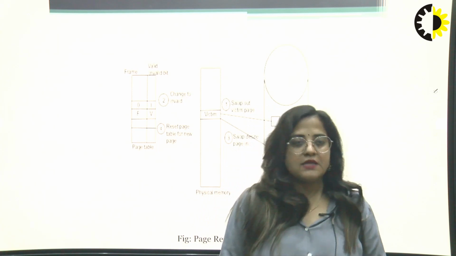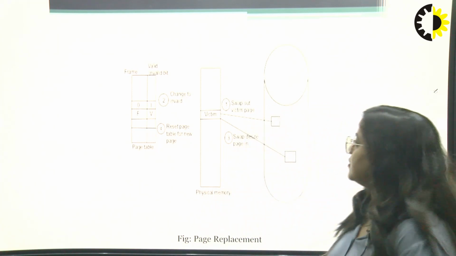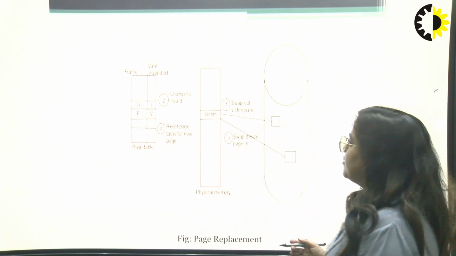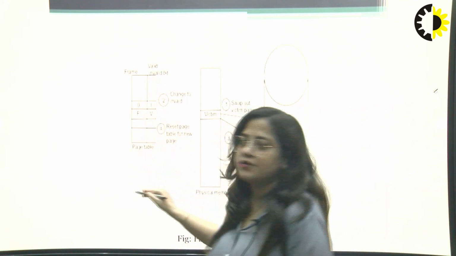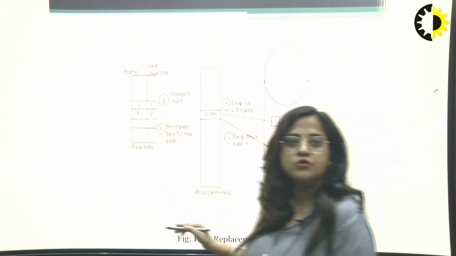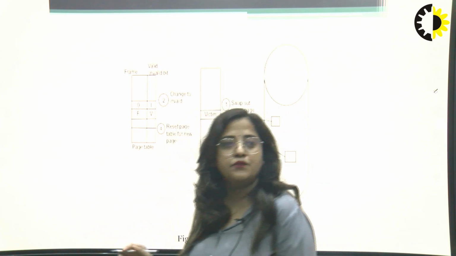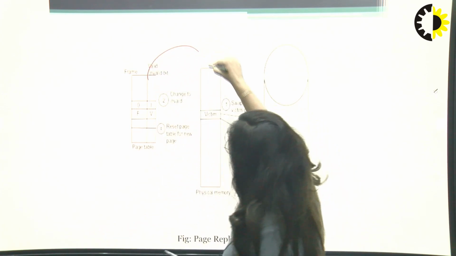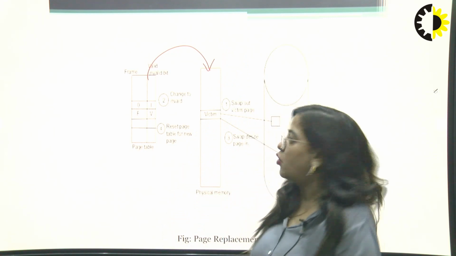This page replacement is explained by this diagram, how it works. First of all, there is the page table. In this page table, we use a number of frames, and each frame is stored in physical memory. The frame numbers are included here.